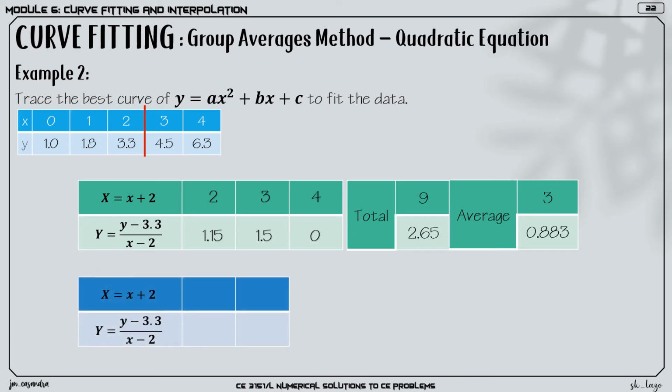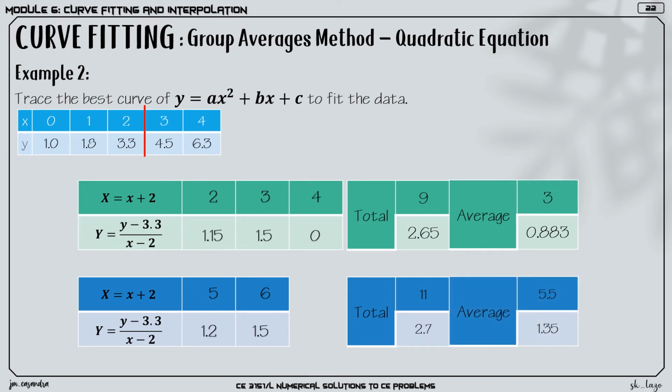For the second group, we have the same equation. We just use the values of the second group, which are 3 plus 2, so that's 5, and 6. For y, we have 1.2 and 1.5. For our total, that's 11 and 2.7, giving us an average of x and y of 5.5 and 1.35.